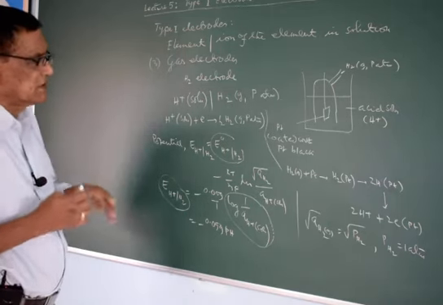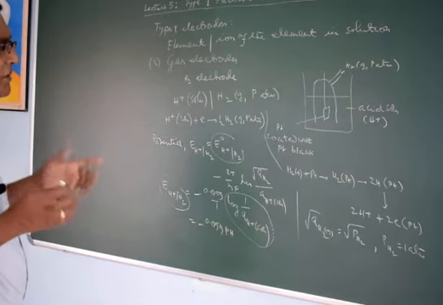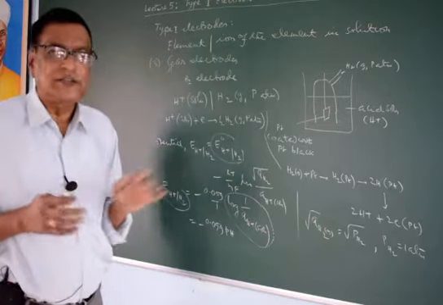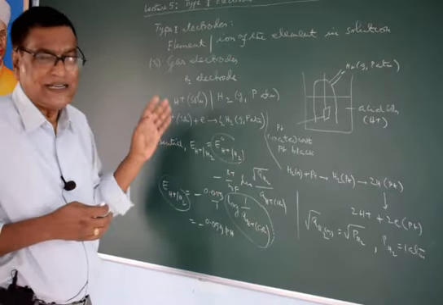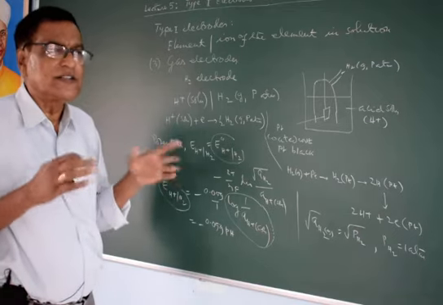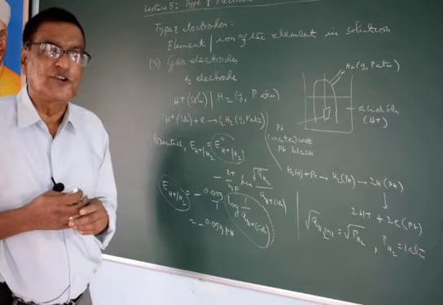This electrode is very good, but here also there are some limitations. Unsaturated hydrocarbons should not be there in the solutions. Oxidizing and reducing agents should be absent from the solutions.